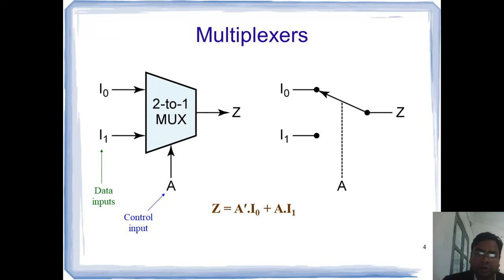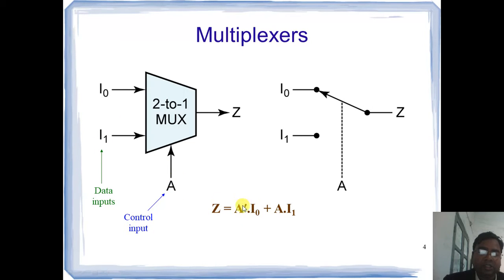Multiplexers are also known by the short name MUX. In a 2:1 multiplexer, we have one select line or control line, and depending upon the value of the control line, we get output Z. The characteristic equation depends upon the input lines and the select line. If A is 0, then input I0 will be selected, and if the value of A is 1, then I1 will be selected. So the equation will be like that.